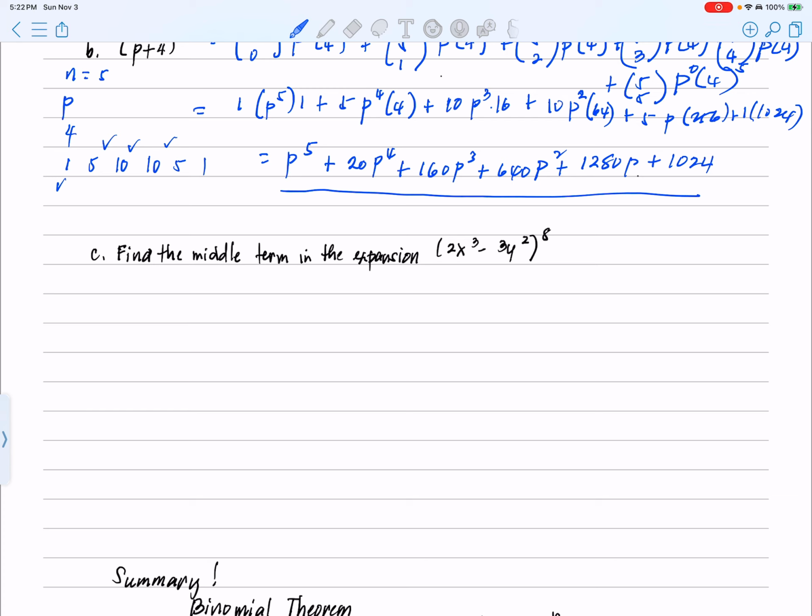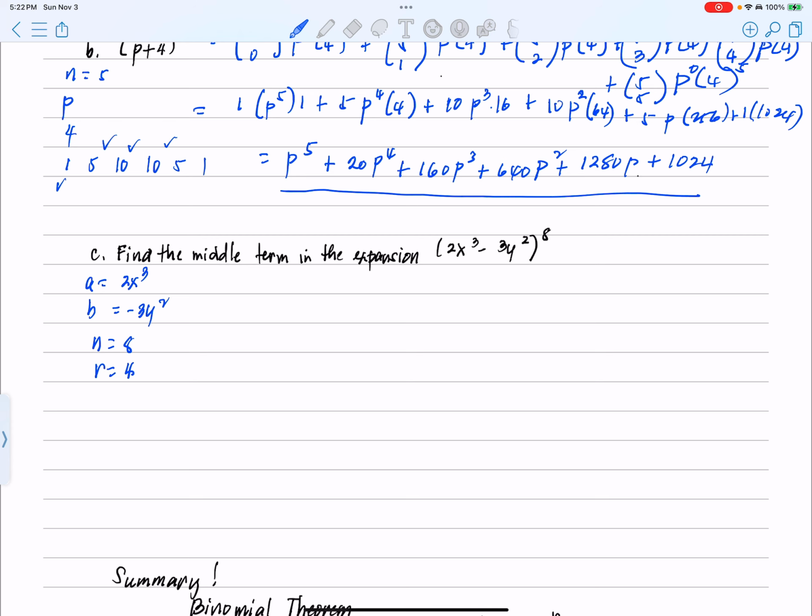So, our A, first term, would be 2x cubed. I have to be specific here. The B is negative 3y squared. The N is 8. So, middle term, if there are 8, the R should be 4. 1, 2, 3. Okay, let's do this.